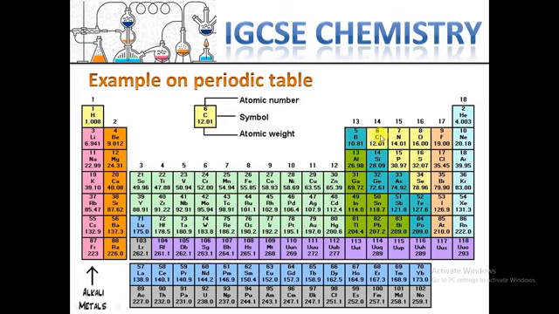For example, carbon is 6, nitrogen is 7, oxygen is 8, fluorine is 9. It is reported in a periodic table for each atom, the atomic number and atomic weight, or atomic mass, no difference.